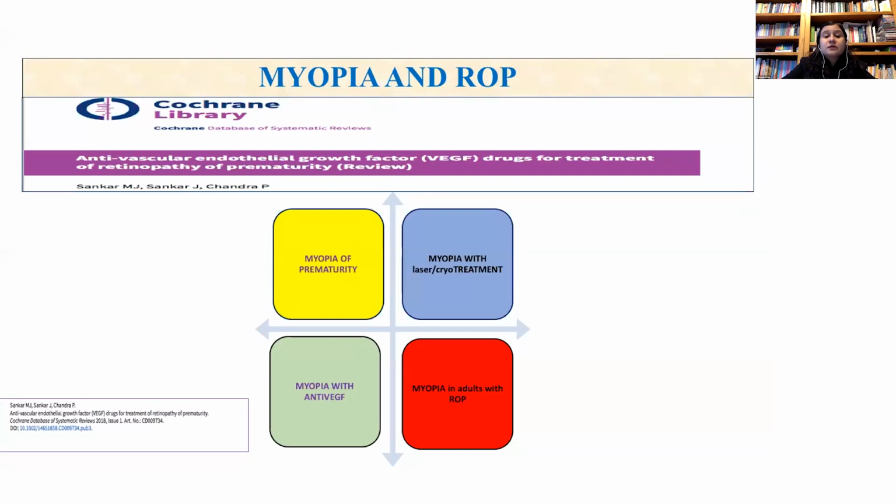And this Cochrane systematic review pointed out the fact that monotherapy with Avastin and ranibizumab should be taken with caution. Though these cause less refractive error, still the chances of reactivation and retinal detachment are high with monotherapy alone.